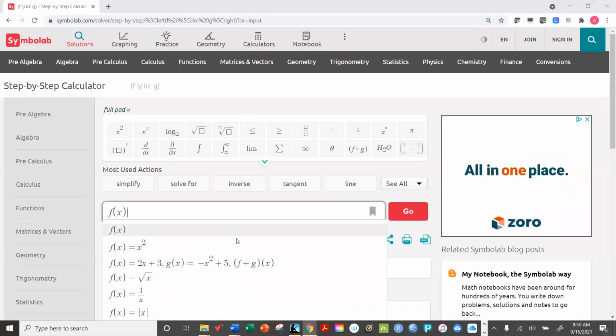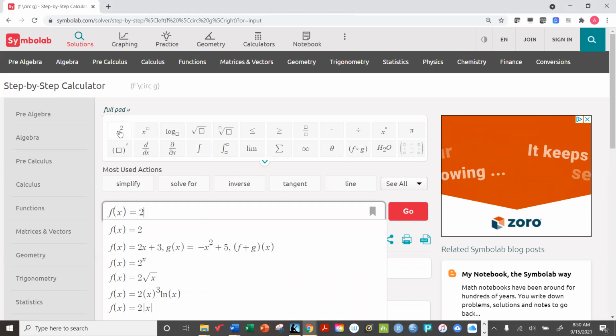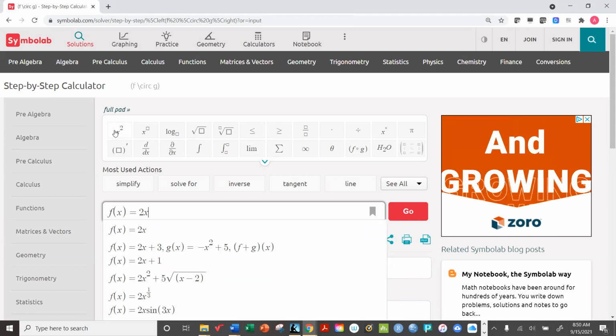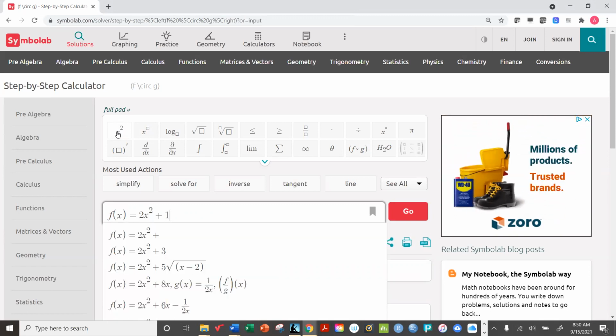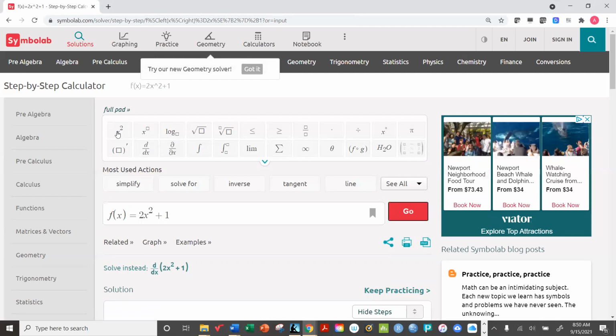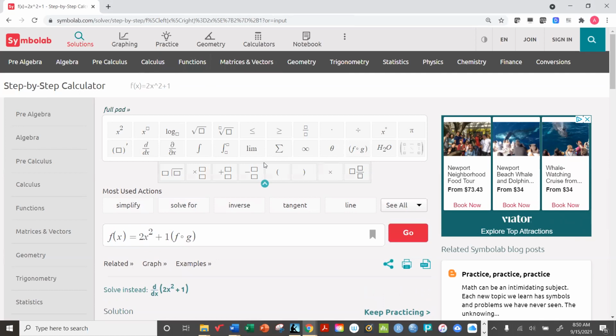2x squared plus 1. Oh, now why did it do that? Now the problem is I don't know how to enter g of x. It's not really letting me enter another function. So let me try this. Oh, this is very annoying.